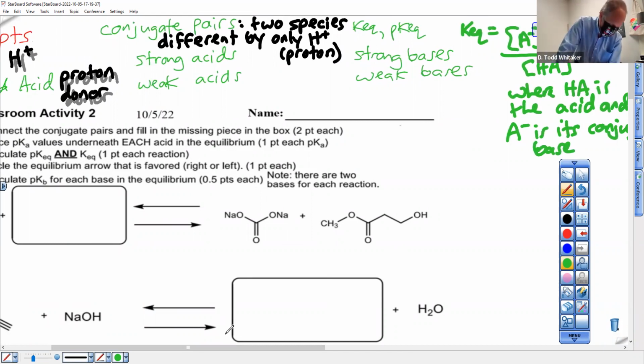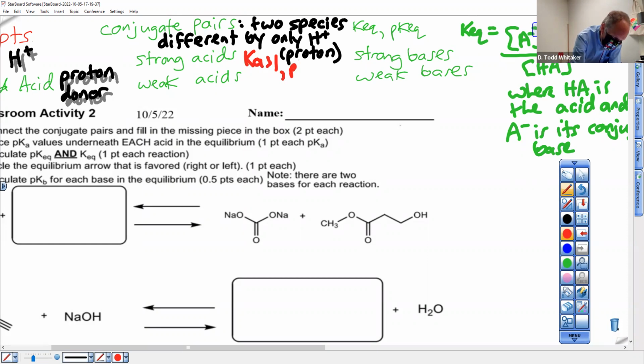Strong acids and weak acids. Strong acids have Ka greater than 1. Ka is larger than 1. It's just a way of saying there's more products than reactants in this reaction.